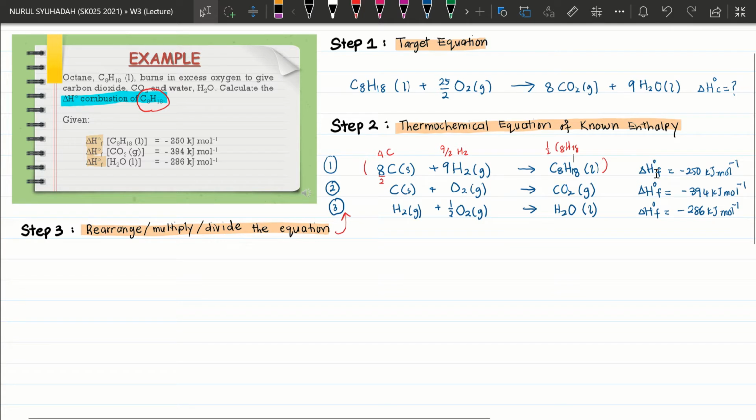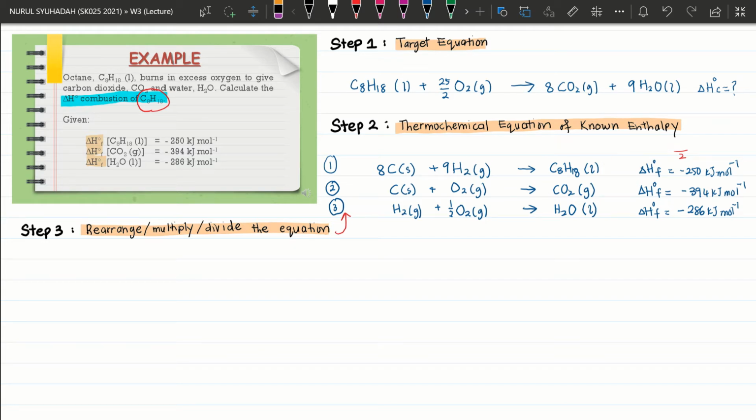The value will also be divided by 2, but the sign did not change. The sign will only change if you reverse the equation. But for this one, when I halve the whole equation, the ΔH is 250 over 2. So that's what you need to do. Now, what exactly do we need to do?